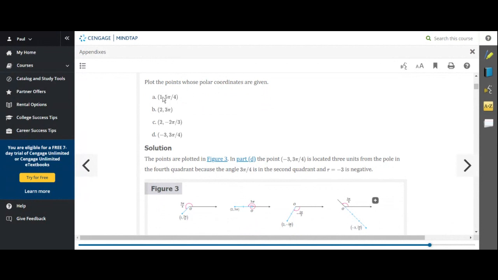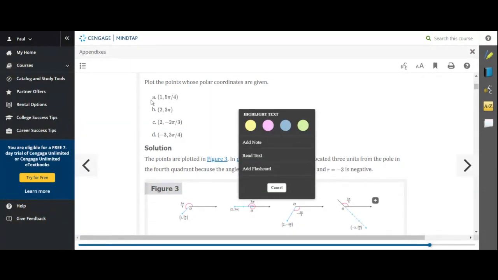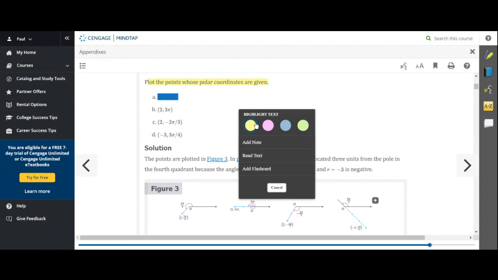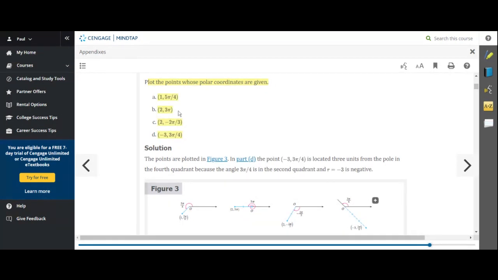For each polar coordinate here, you're given a radius and an angle theta. For instance, the polar coordinate in A here, 1 and 5 pi over 4.